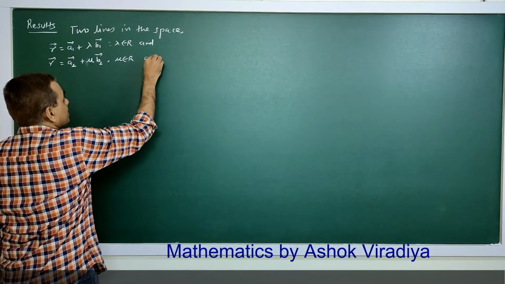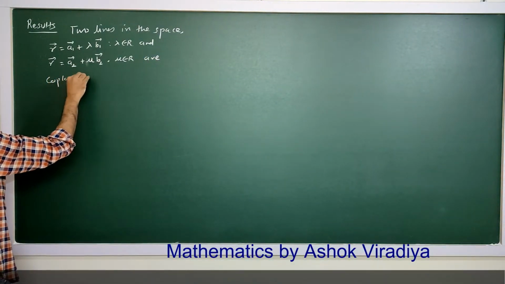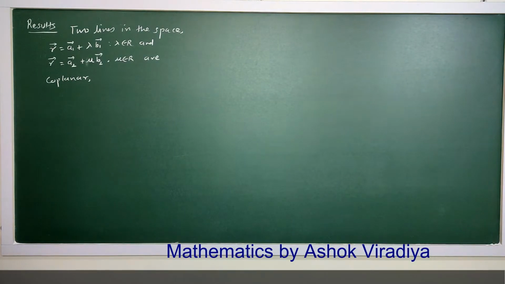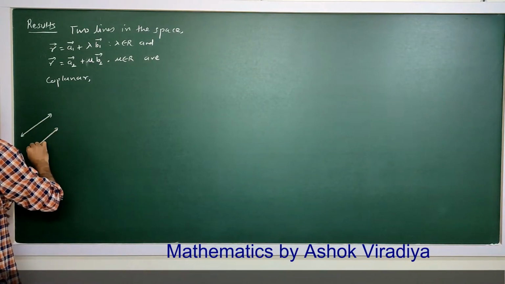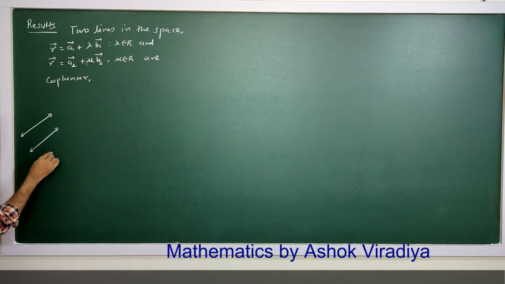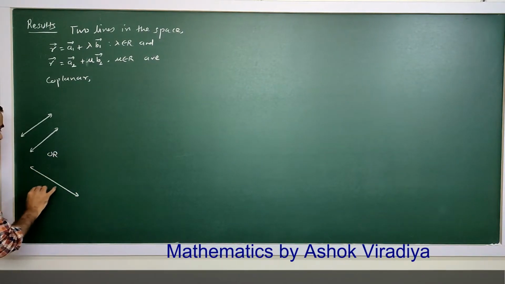These lines are coplanar, that means they lie in the same plane. Lines are coplanar, that means either they are parallel or they are intersecting. Two possibilities.